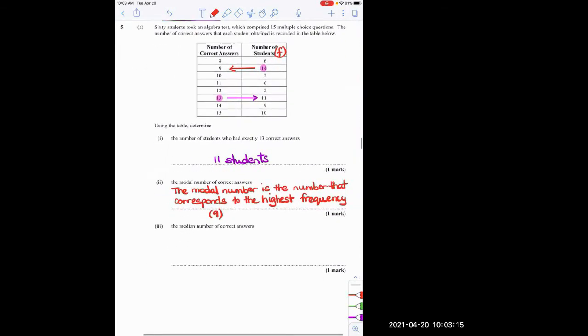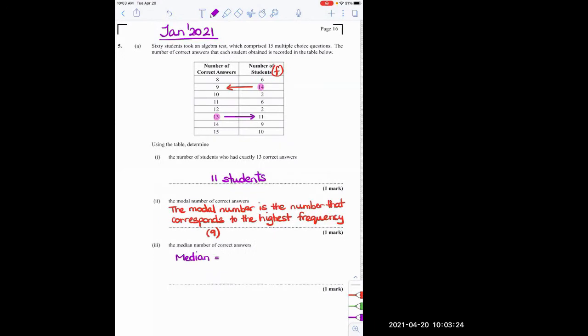So to find the median, this data here is ungrouped.